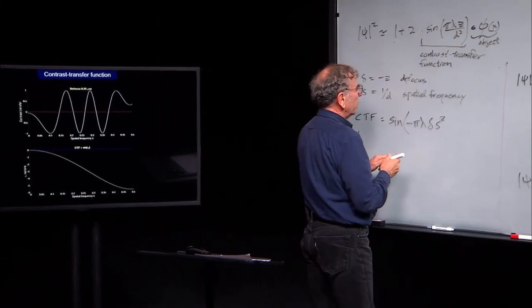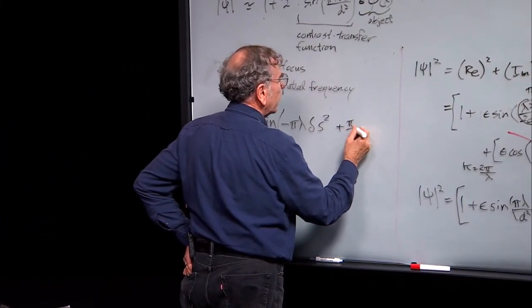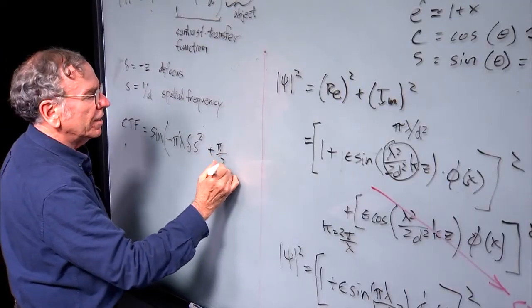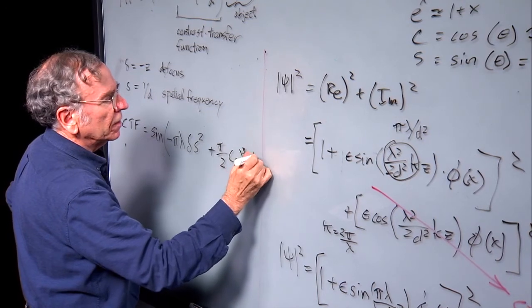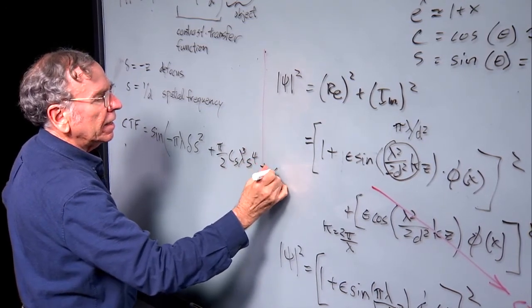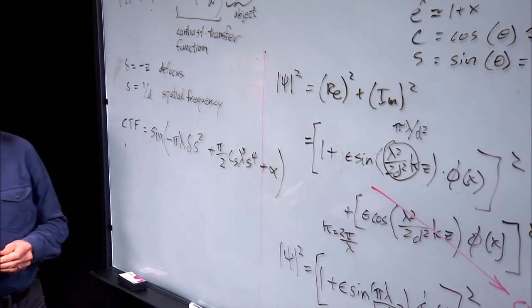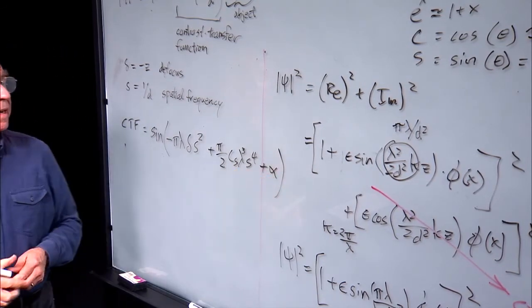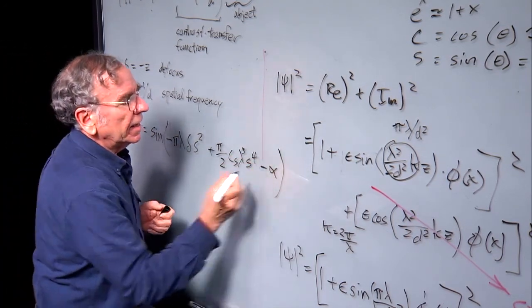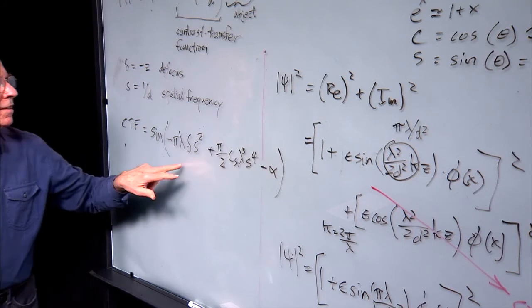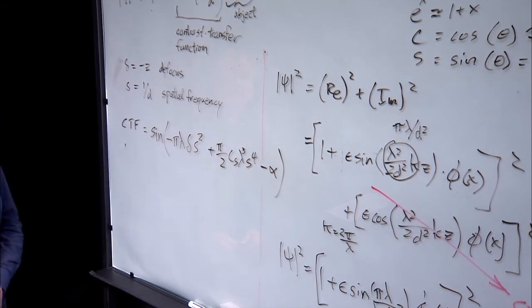The real contrast transfer function that people use includes this spherical aberration term, Cs lambda cubed s to the fourth, and then there's going to be one more quantity which I'll call alpha, which represents the amplitude contrast, and I'll give it a negative sign because it also adds to the negative contrast from the defocus.